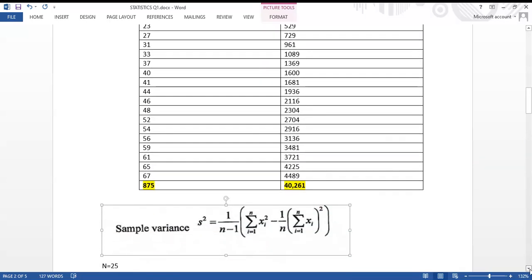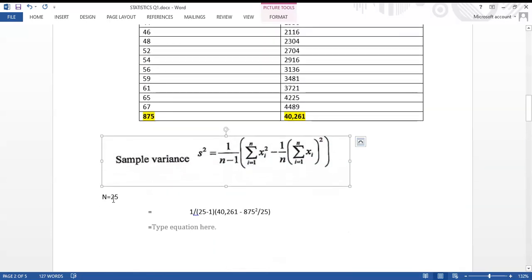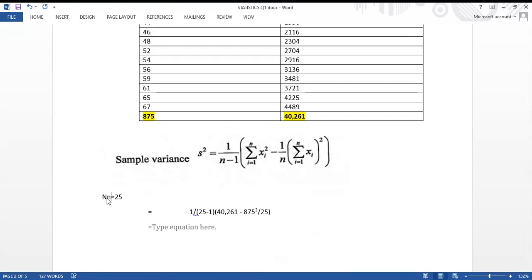So small letter n equals 25. So this is why I've seen the 1 over 25 minus 1. Where there's n, you put 25.